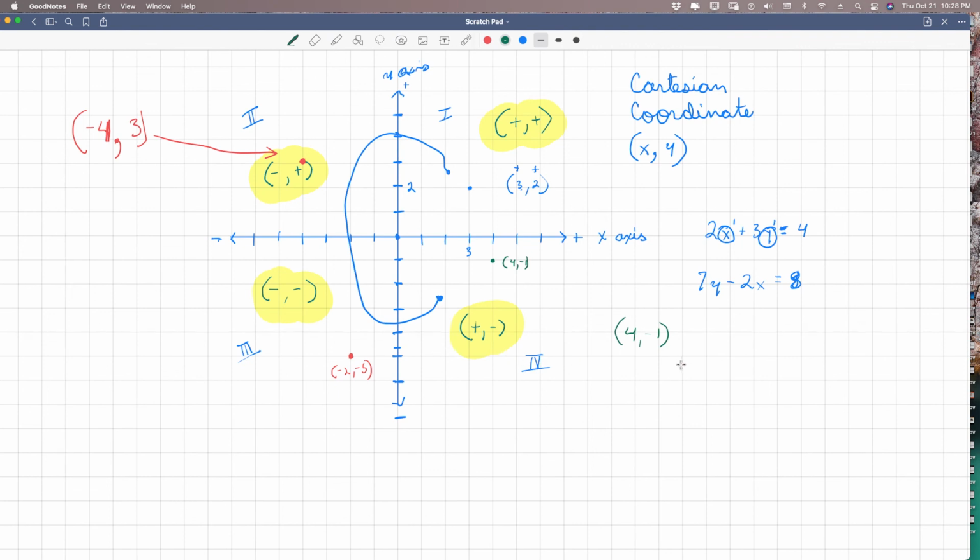So that is how you would find points on a Cartesian coordinate system. These are the components of a Cartesian coordinate system. And this is the format that we consider a linear equation, or the equation of a line.